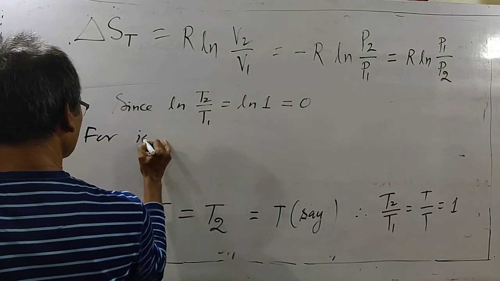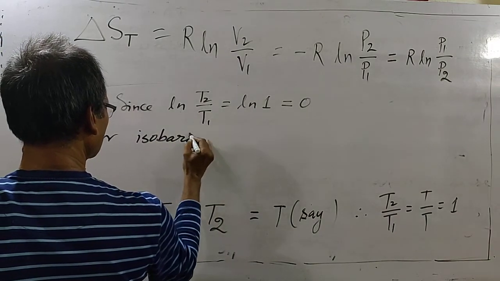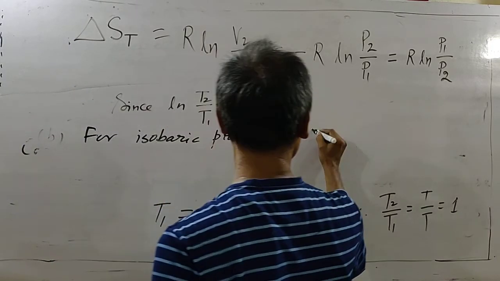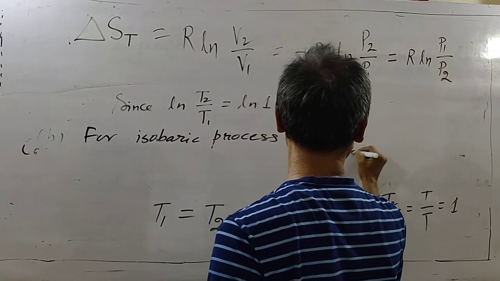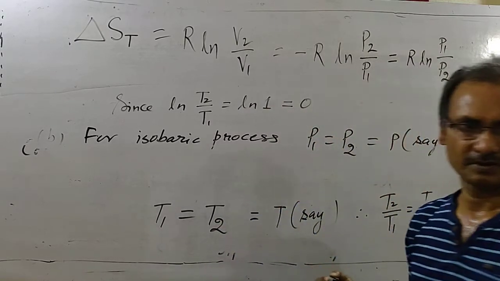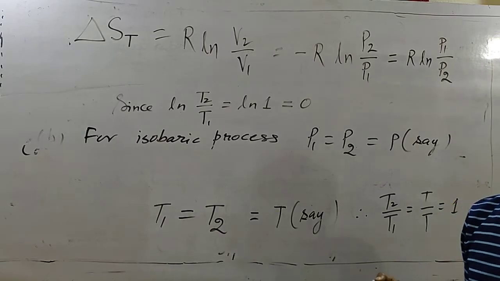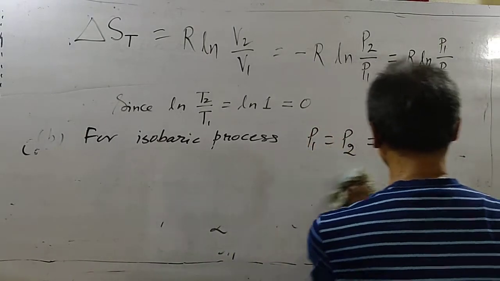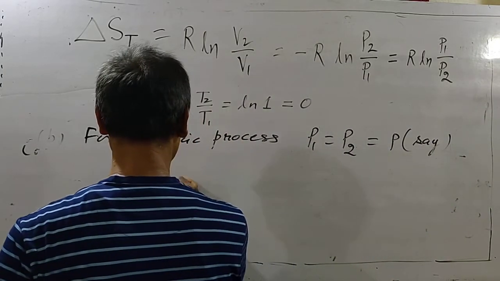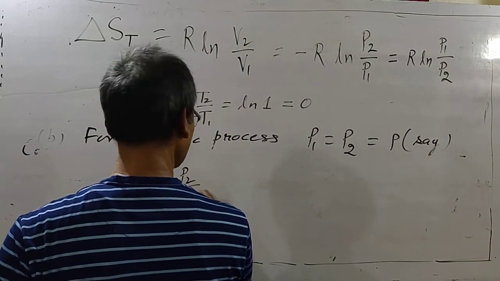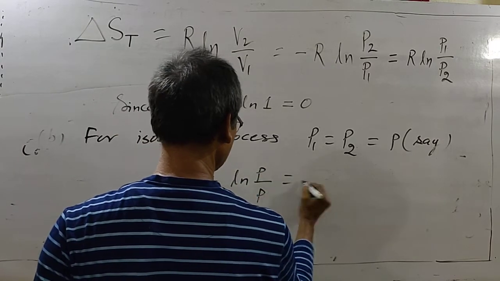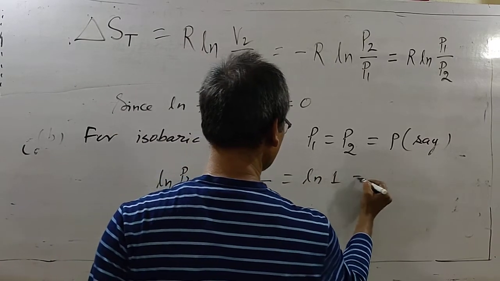For isobaric process P1 is equal to P2 is equal to P. Therefore ln P2 by P1 equal to ln P by P equal to ln 1 equal to 0.